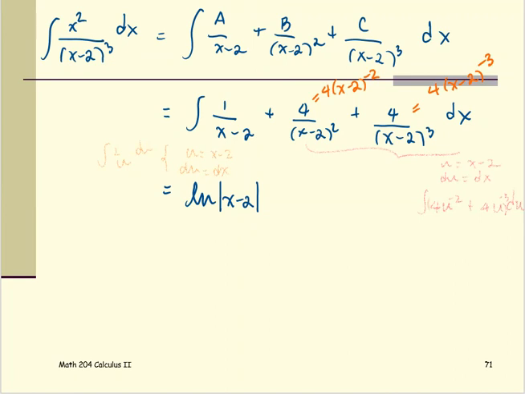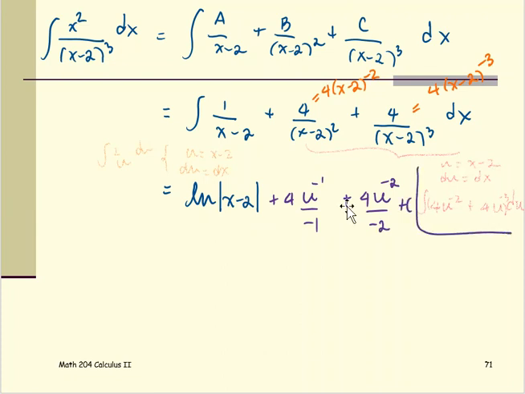It's not the natural log as a result of the antiderivative. You're going to use the power rule for this antiderivative. Then we're going to get the first term as 4 times u to the negative first over negative 1. And the next one is 4 times u to the negative second over negative 2 by using the power rule.